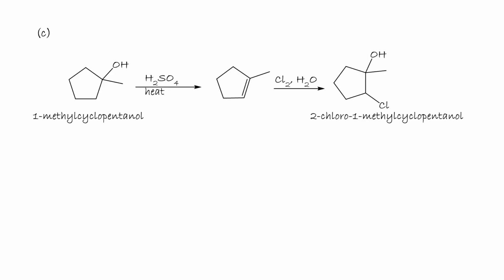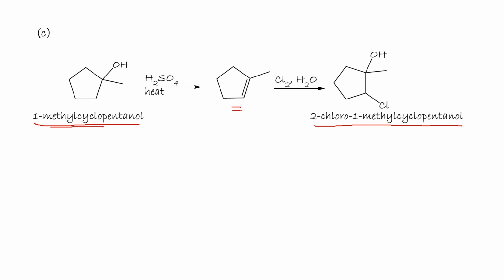The last one is 1-methylcyclopentanol to 2-chloro-1-methylcyclopentanol. So we take 1-methylcyclopentanol, add sulfuric acid and heat, and we form methylcyclopentene. We add chlorine and water.